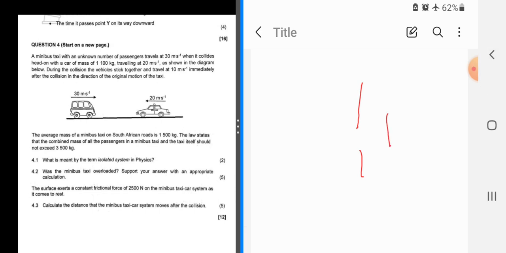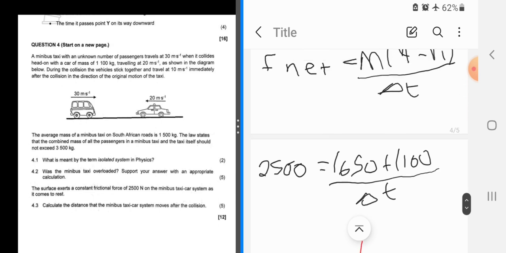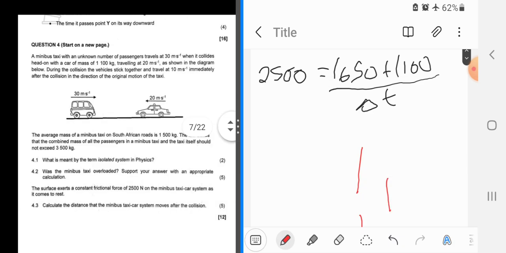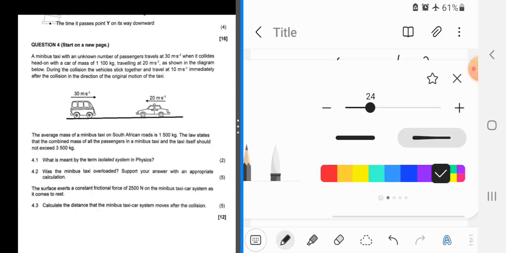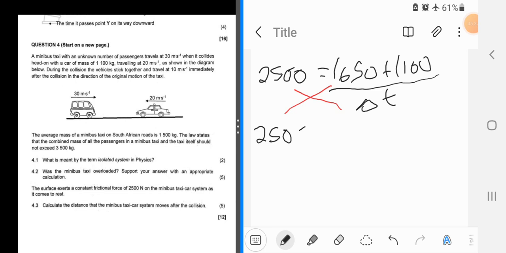I'm struggling to have this on one page. Let's see if it will agree. So we'll cross multiply: the 2500 will multiply with the change in time, and then that will equal, oh sorry, I didn't write the correct things here.